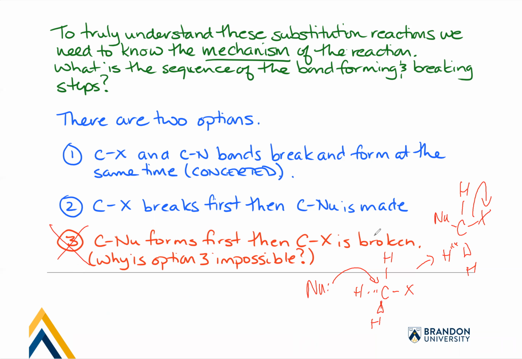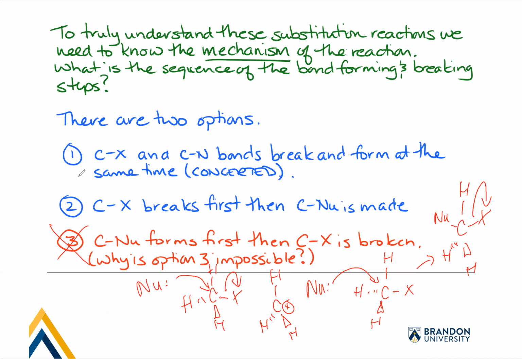So you either have to break this X first to make a carbocation, or you need to have the nucleophile come in and attack as this one's breaking. So a concerted process.